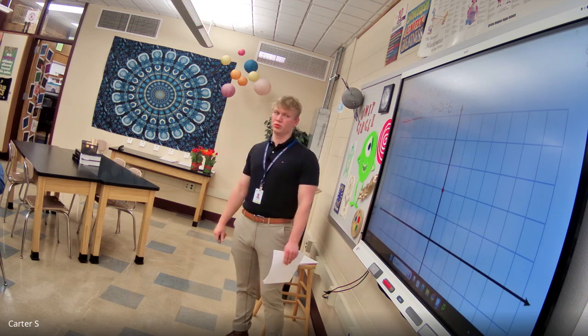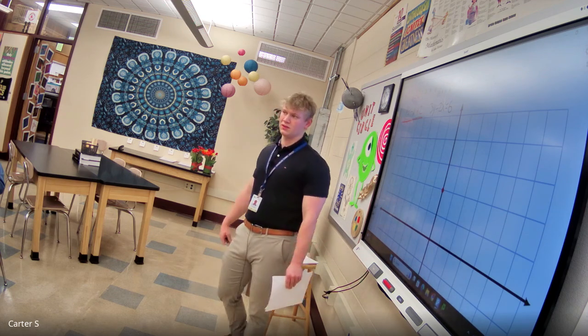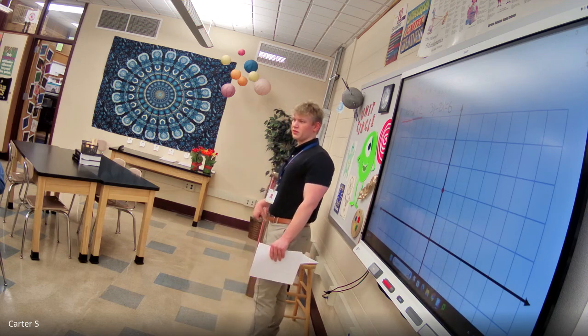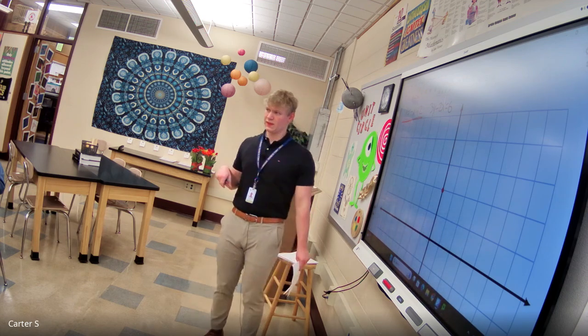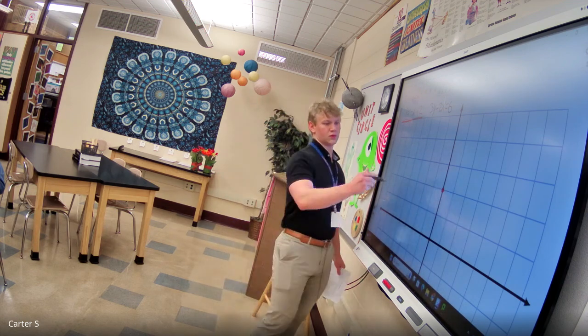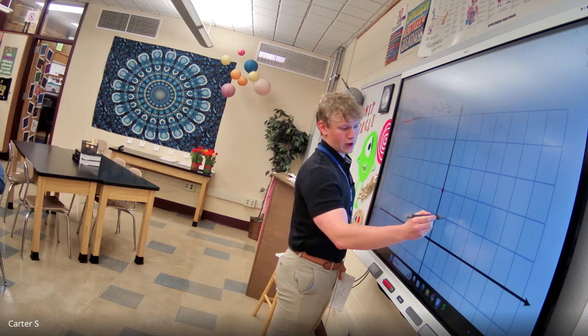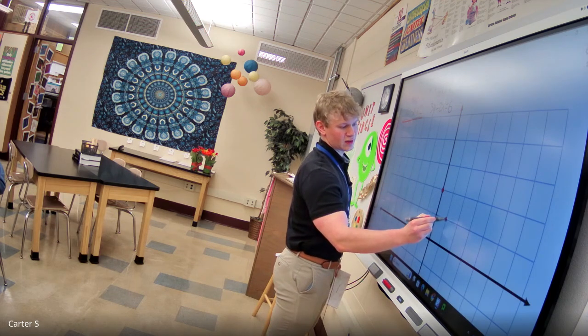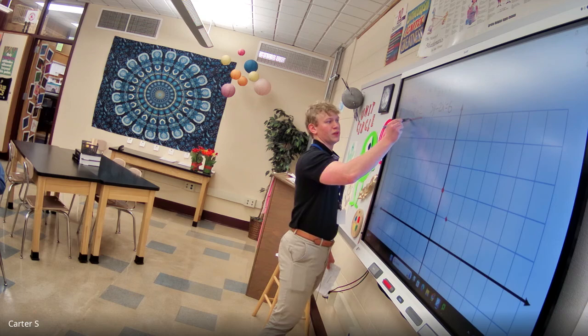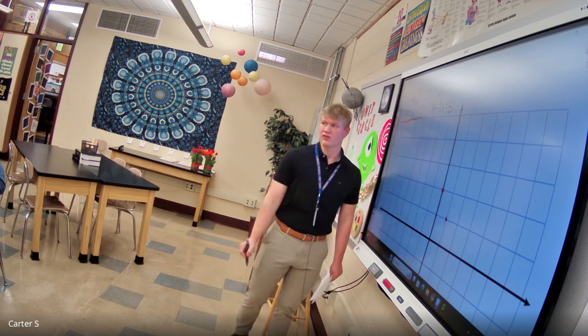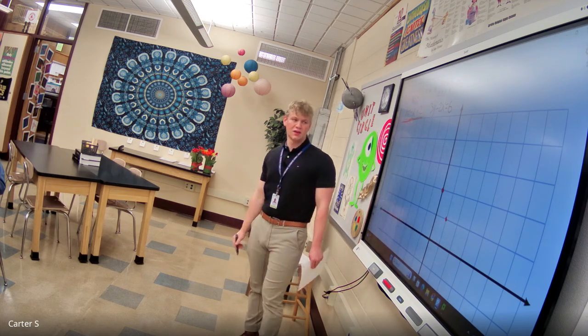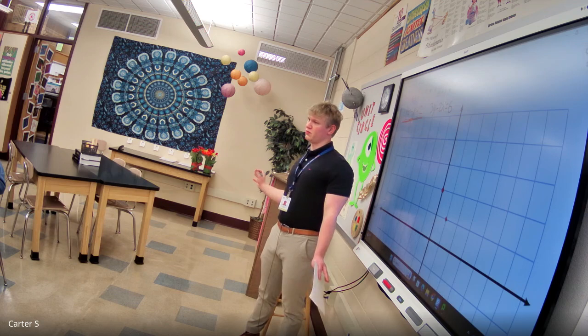We need 2 points to make a line. Ethan, where's my next point at? Down one to the right one, okay? So Ethan, you found that out because our slope is a negative x, which is just a negative 1x, okay? Now that we have our 2 points, we can create our line.